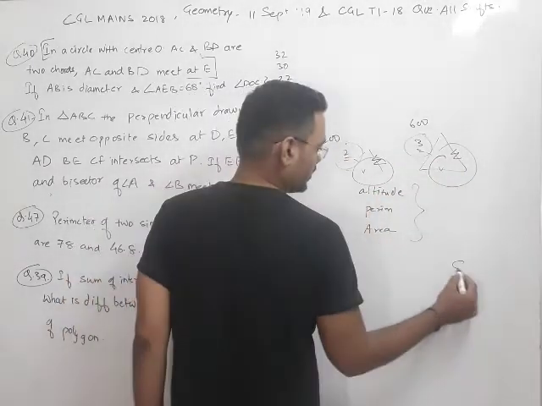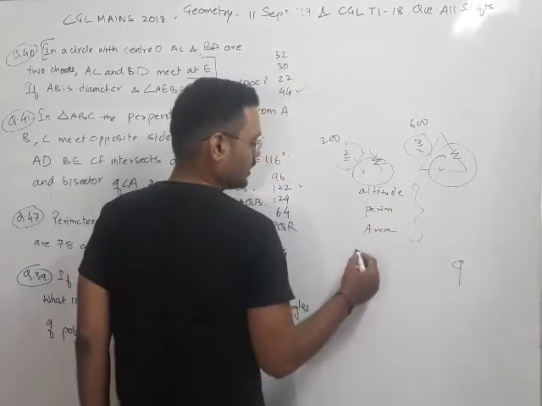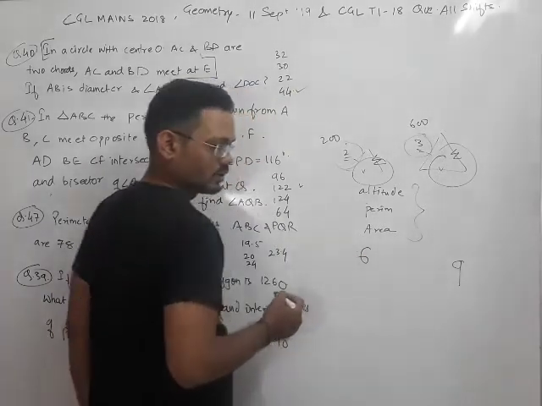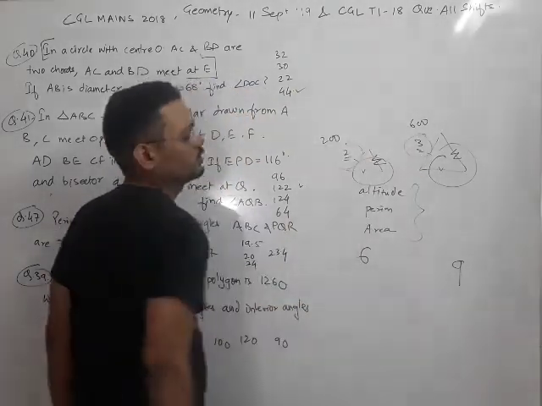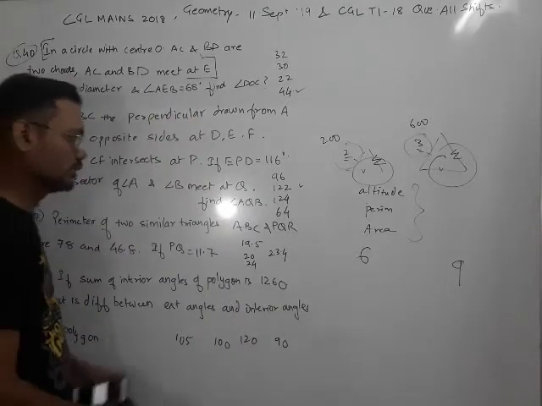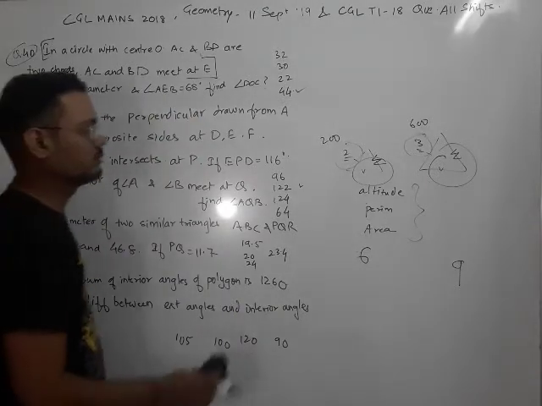If it is 9, then it will be 6. It has to be in the same ratio. This is a very simple logic which is rarely used.